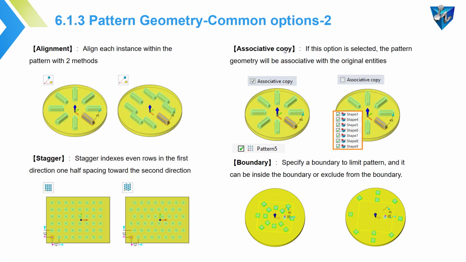And the next option is associative copy. As its name implies, check it or not, the pattern will be associated or unassociated with the original geometry. And the last option is boundary. We can specify a boundary to limit the pattern, and it can be inside the boundary or outside the boundary.